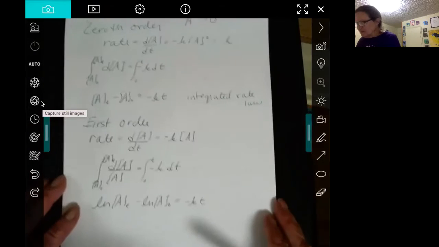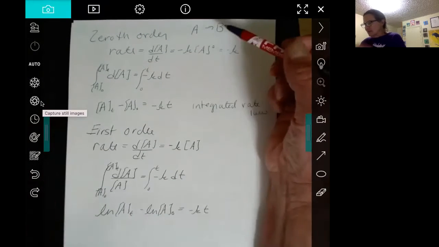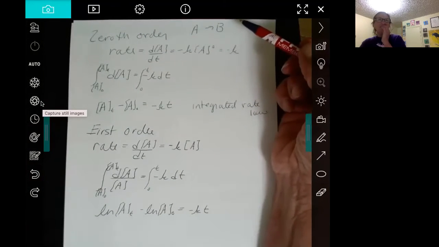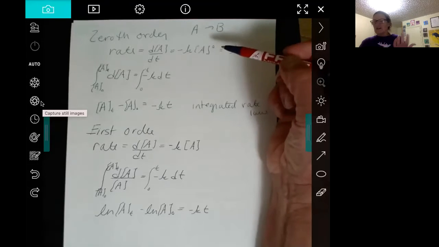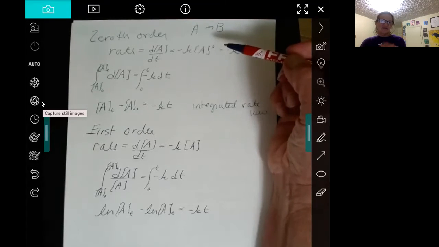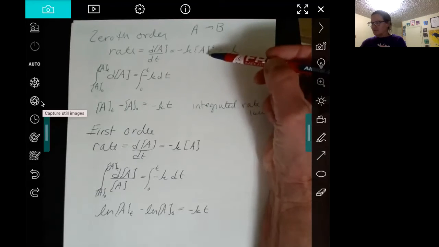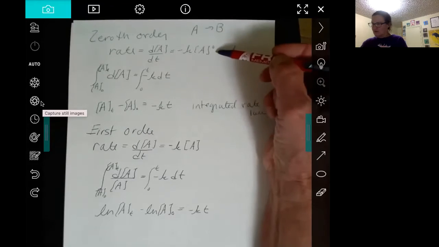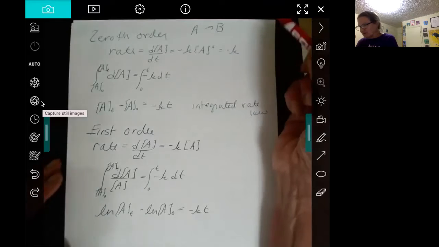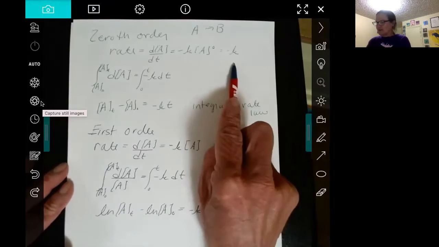zeroth order. A zeroth order reaction often happens when you have a reaction in water where the water reacts. What you'll see is it appears not to depend on the concentration of water because it's not changing and it's so large. So the rate just ends up being a constant.